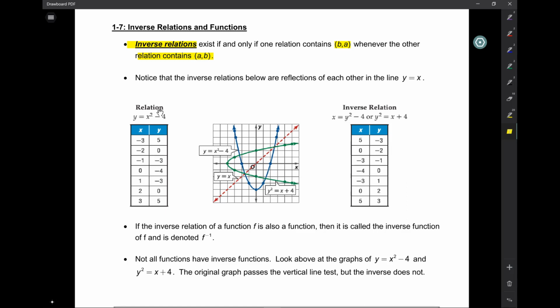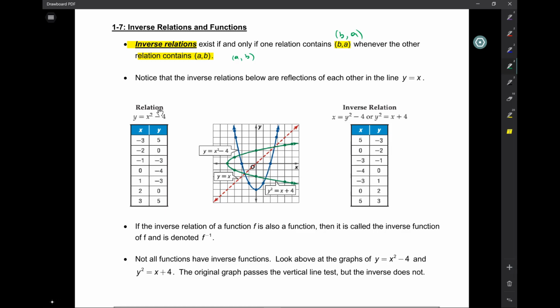A1, B1, A2, B2, like all of the coordinate points. And now, for every single one of the coordinate points, if you switch them around to BA, that will make the inverse of the first relation.